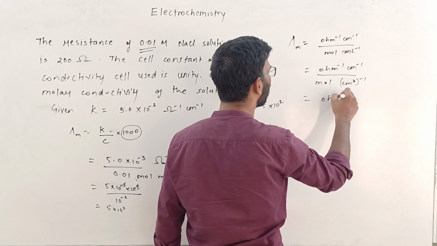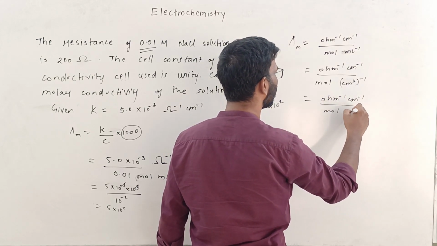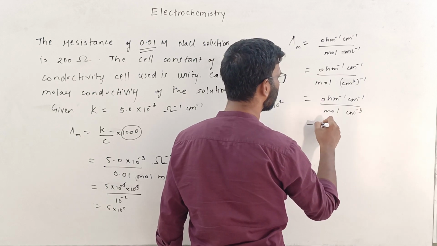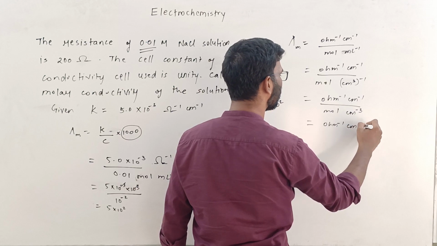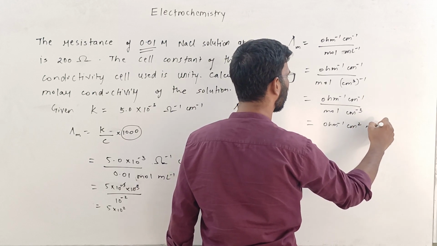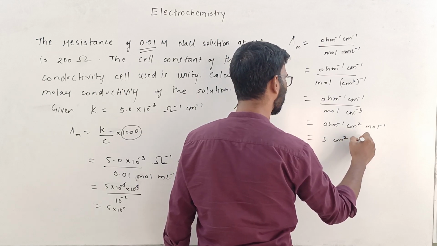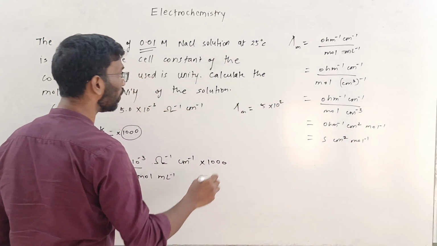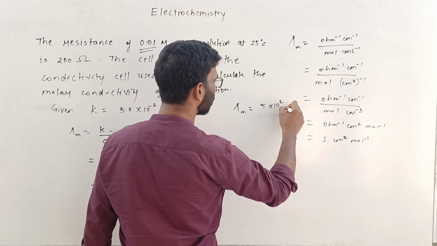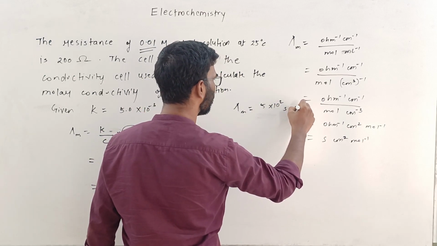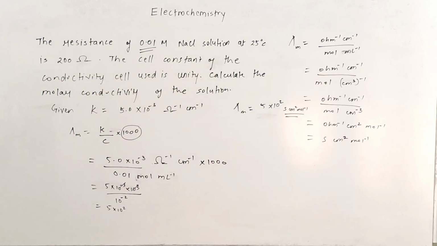So ohm inverse, centimeter inverse, mole, centimeter cube gives ohm inverse, centimeter square, mole inverse. So Siemens centimeter square per mole will be the unit of this. So units are also very important.